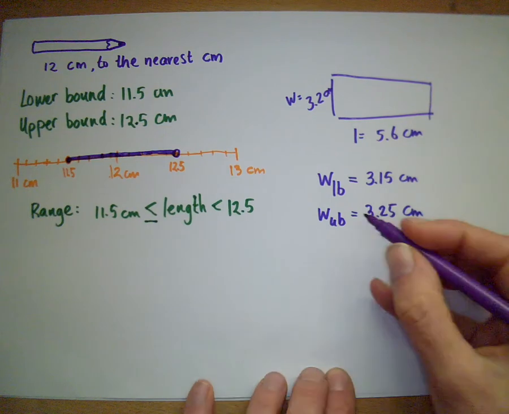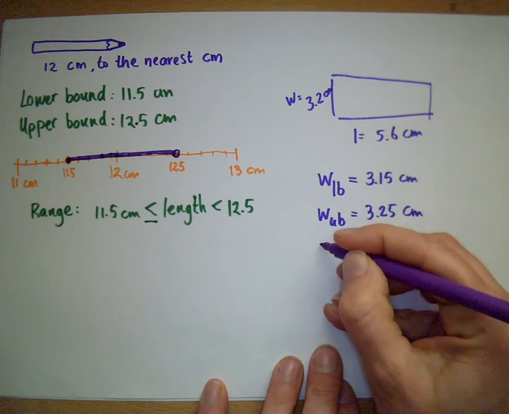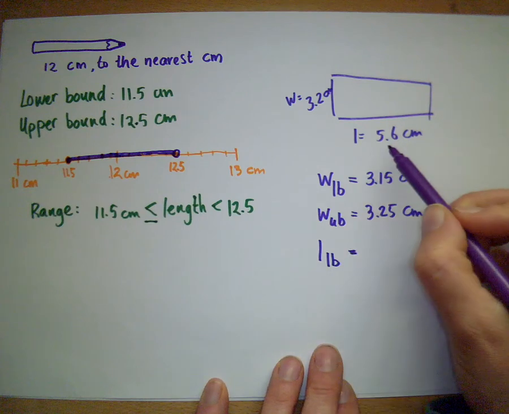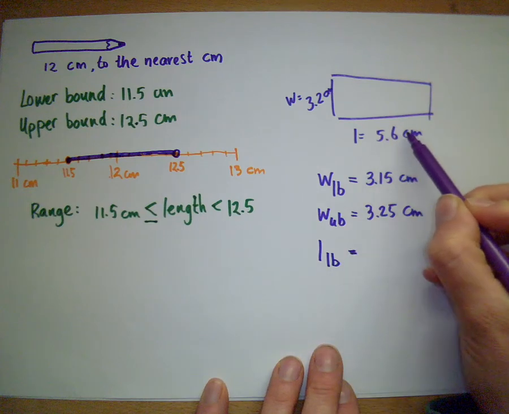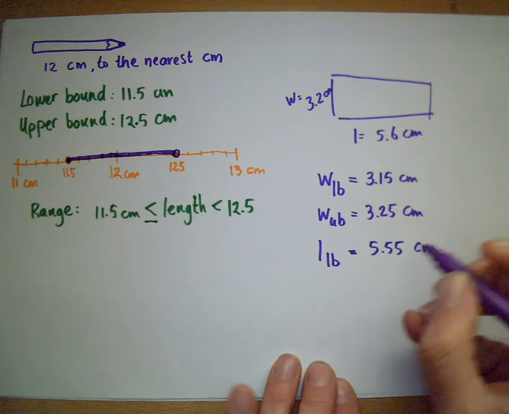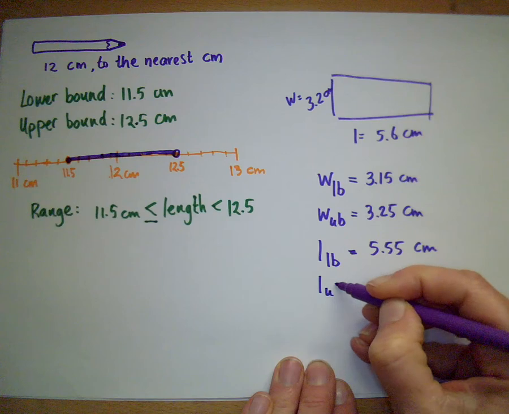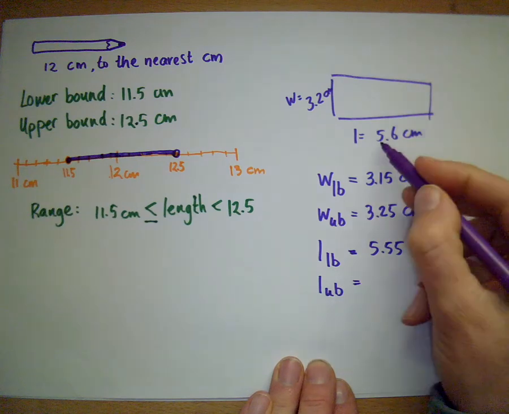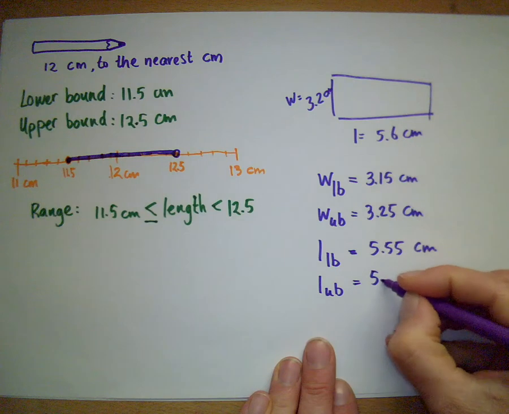Right? That's the width. The length also has a lower bound, which is 5.55 centimeters. The upper bound of the length is 5.65.